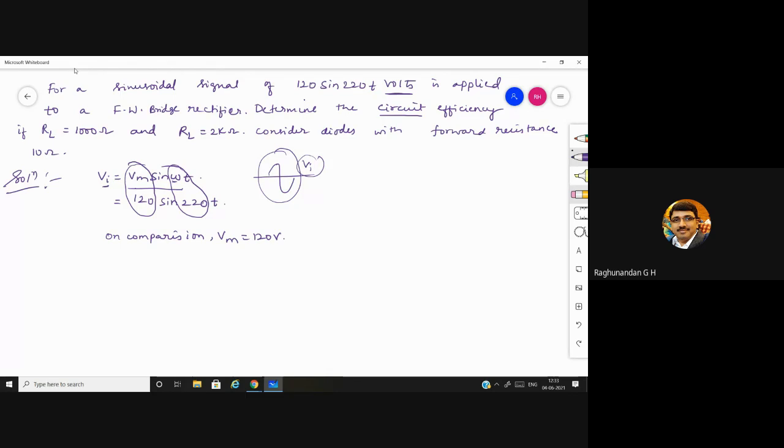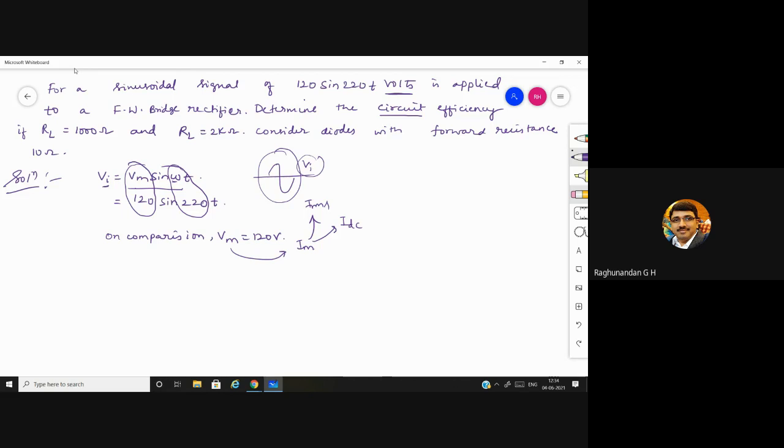So they are asking the rectifier efficiency. To find it, we need to know different values. There are two methods. One is you find Vm, from that you find Im, from that you can find IRMS and also IDC, and substitute in the efficiency formula.